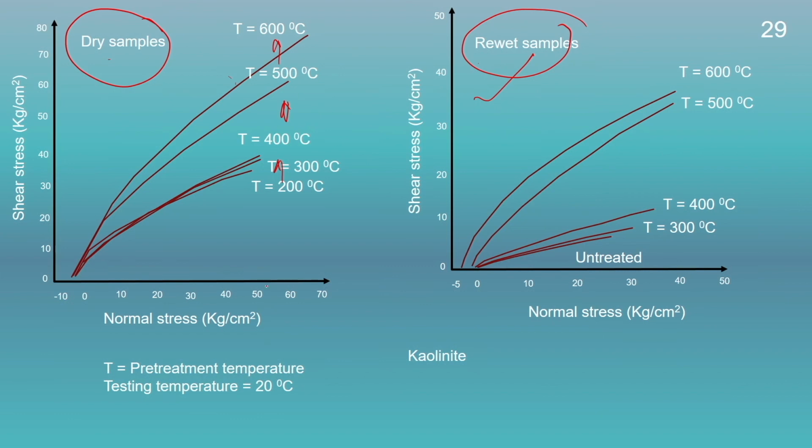All these soil samples were preheated up to 600 degrees centigrade, and the testing was conducted at 20 degrees centigrade, and this was for the kaolinite soil sample. So, because of this re-wetting, the bonding between the particles gets broken, and therefore the shear strength gets reduced.